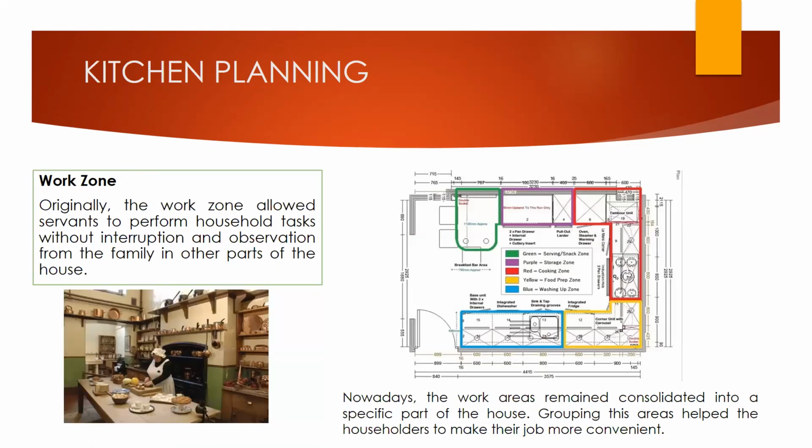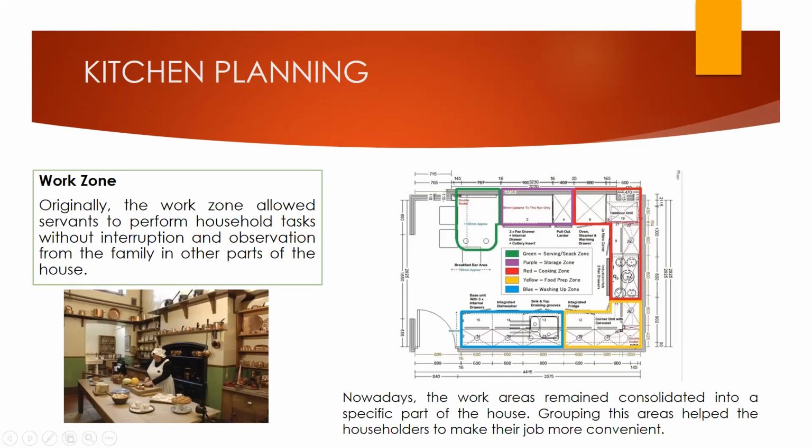So nowadays, the work areas remain consolidated into a specific part of the house. Grouping these areas helps the householders to make their job more convenient. So despite the fact that everything changed from the last century, the century before the last, these work areas are now consolidated.